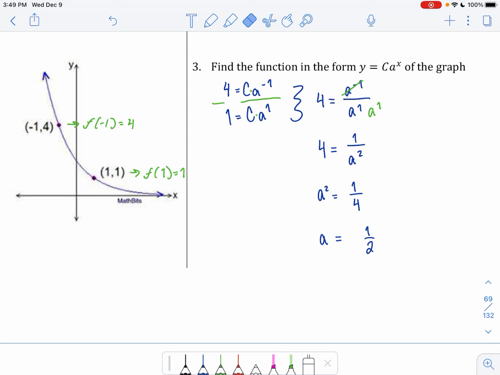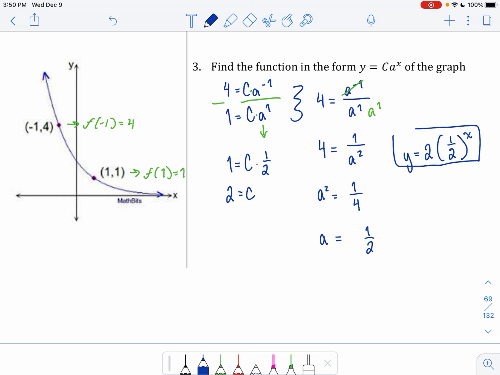Now that we know what a is equal to, we can solve for c. Since we know that 1 is equal to c times a to the first, or just a, that's 1/2. So 2 is equal to c, meaning our final answer, y is equal to 2 times (1/2) to the x. There are ways you could slightly simplify this or write it differently, but that's a perfectly good final answer.